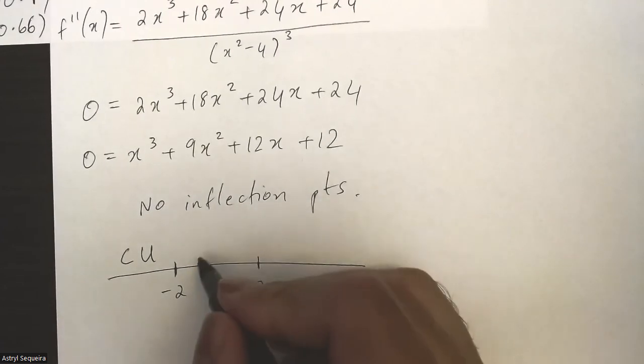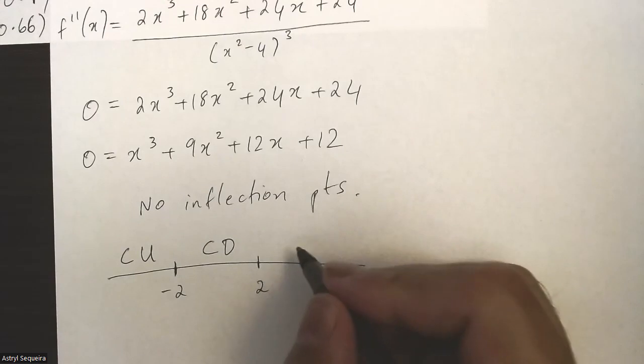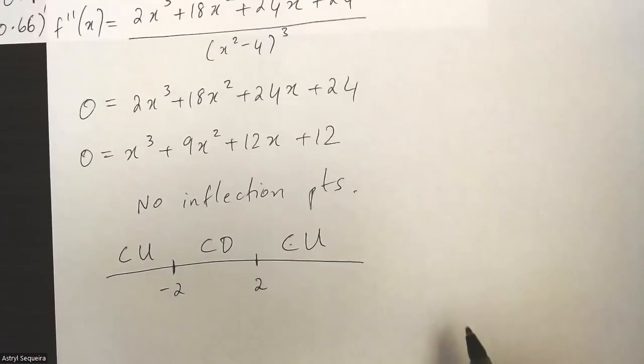Over here, you're going to get a negative number, meaning it's concave down. And for the last range, you're going to get a positive number, it's concave up.